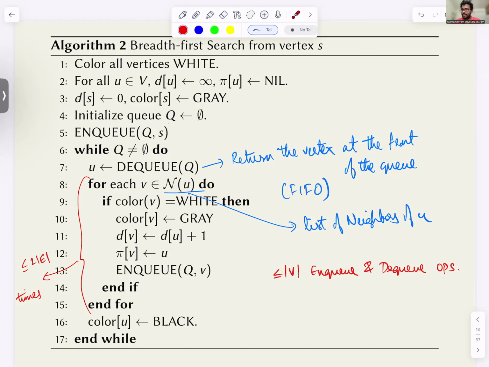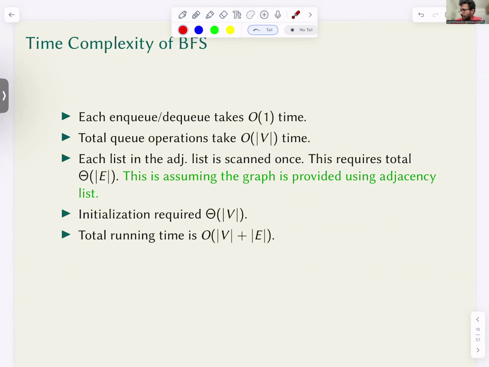That's what I mean by initialization, everything till this point. Is it clear?